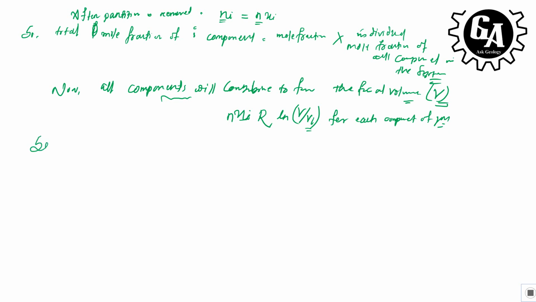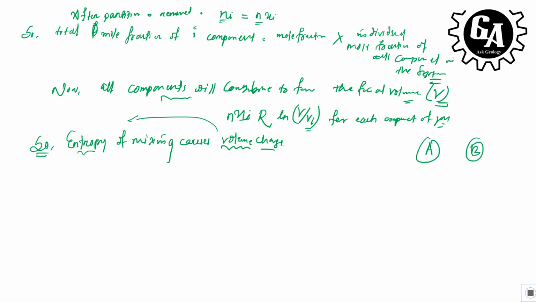So what is our conclusion? That the entropy of mixing causes volume change, or this change in volume causes a change in entropy, because in this case we are adding A and B with final volume capital V. If we are adding these two systems, there is a change in volume, because it is some V1 volume, some V2 volume, and the final volume is V. This change in volume can cause the change in entropy.